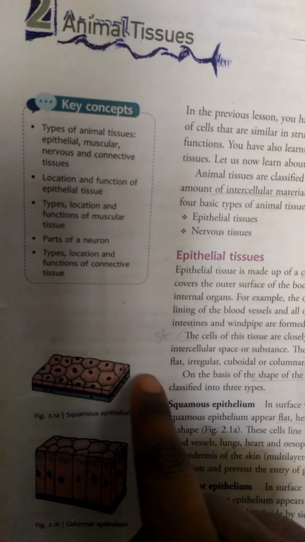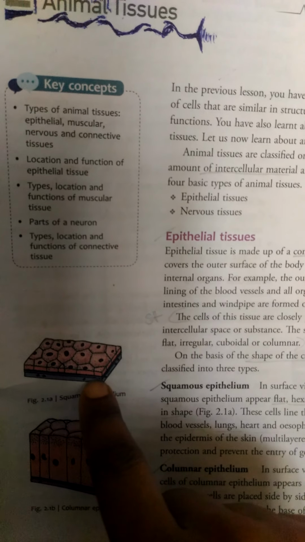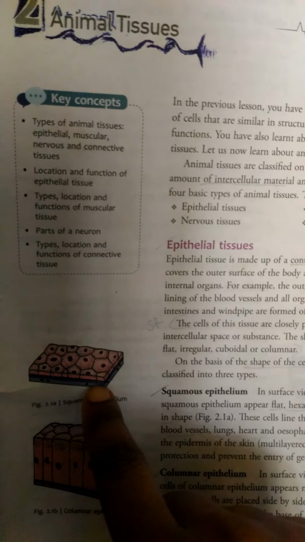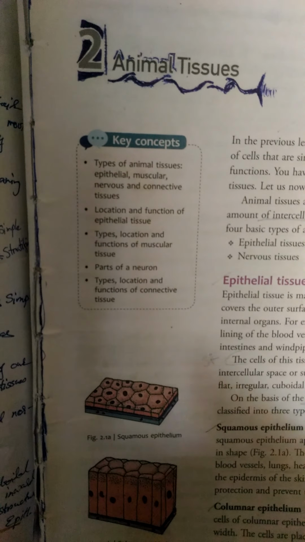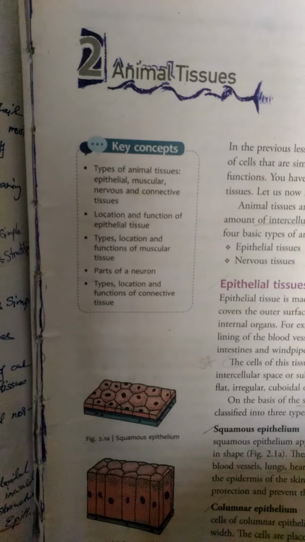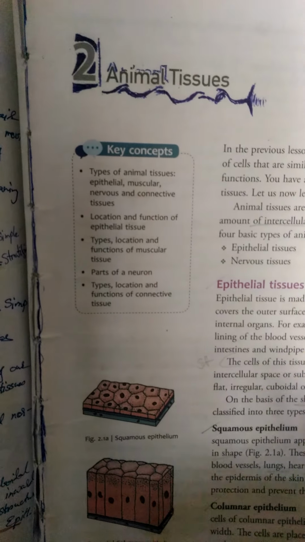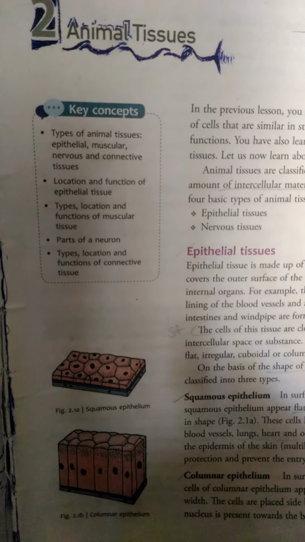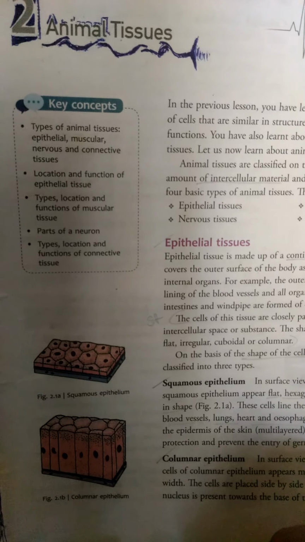Okay, so this layer of cells, this squamous epithelium, forms the outer covering of our body. It is also found in the inner linings of our mouth, in the inner linings of esophagus, then lungs, heart, in the inner linings of the blood vessels. In all these different places, we get to see this type of squamous epithelium.